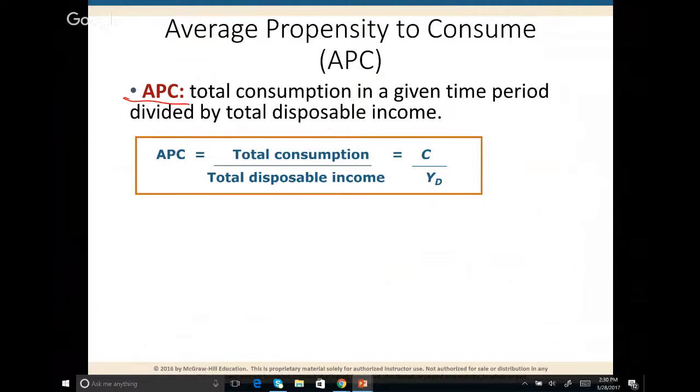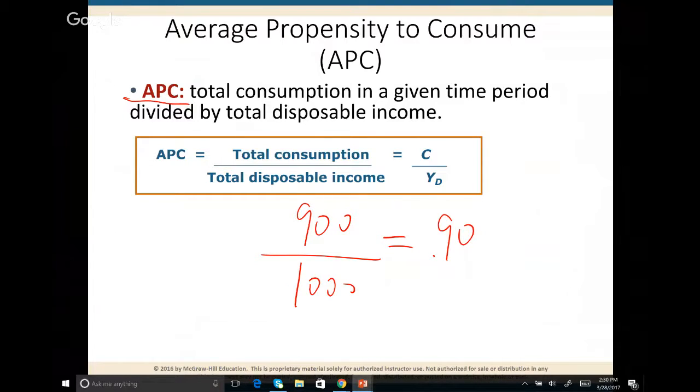So this is going to bring us to something called the APC, the average propensity to consume. So the average propensity to consume measures, for all the total income you have, how much of your income you are spending on consumption. That's your average propensity to consume. So suppose that for the entire month you make $1,000, and then you decide to spend 900, then your APC will be 90% or 0.9.